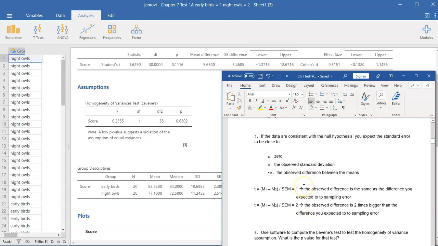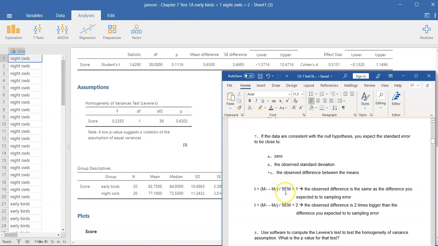Now this one's a little tougher to understand or explain perhaps, but if the data are consistent with the null, you expect the standard error to be what? Okay. Well, a good way of thinking about this is to look at the t equation again. Think about what happens if the mean difference is about the same size as the standard error of the mean.